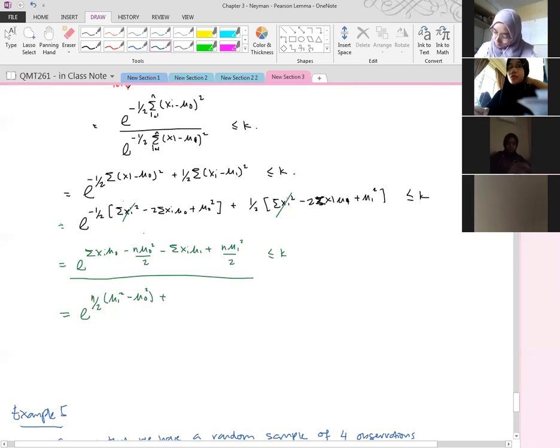So I just combine these two together, right? Summation of xi (mu naught minus mu1), right? Less than or equal to k. So I think the sign here should be negative, right? Okay.